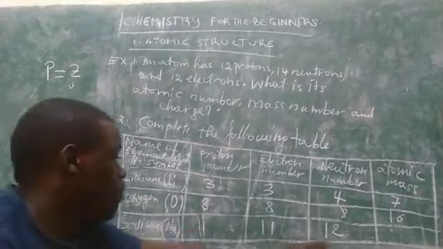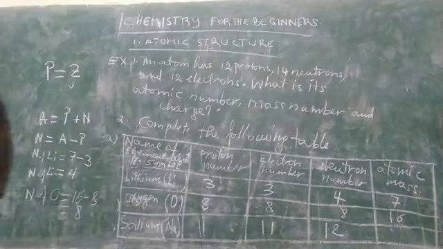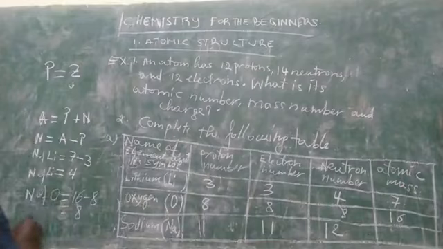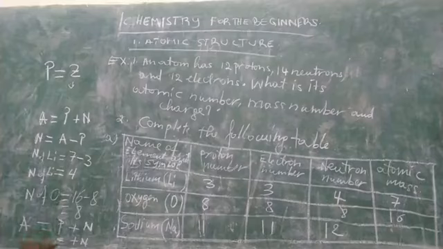To get the mass number or atomic mass, you add the number of protons plus the number of neutrons, which means the mass number is equal to proton number plus N, or always equal to Z plus N. Z is always equal to P, the atomic number. The atomic number and the number of protons are always equal.